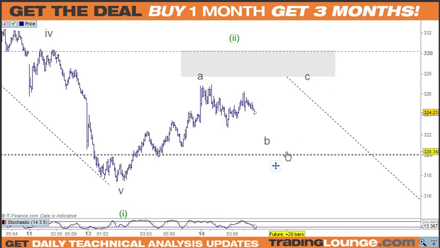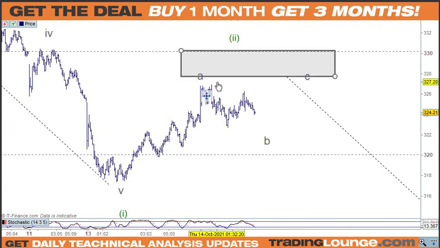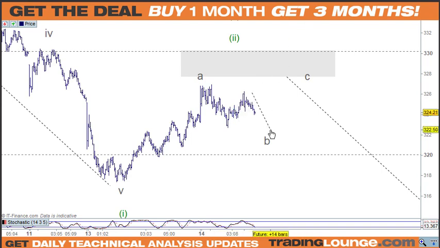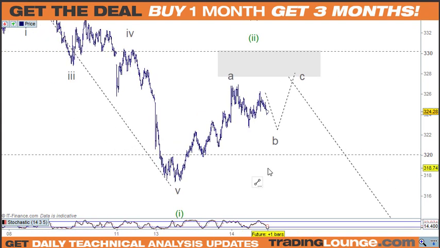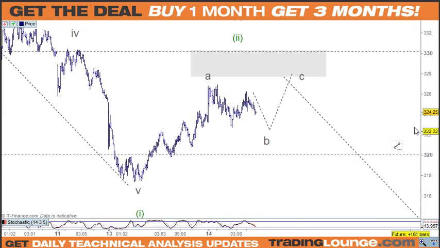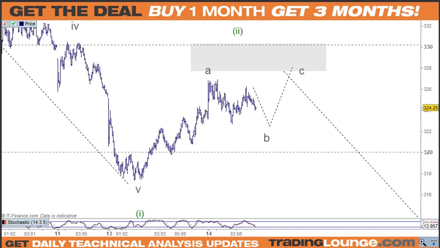I mean, it looks like an A and a B and a C wave down to here and then this up to here. So that means that short traders would probably need at minimum, this would be 1, 2, 3, 4, 5. It would have to be under there at least, or down there somewhere.